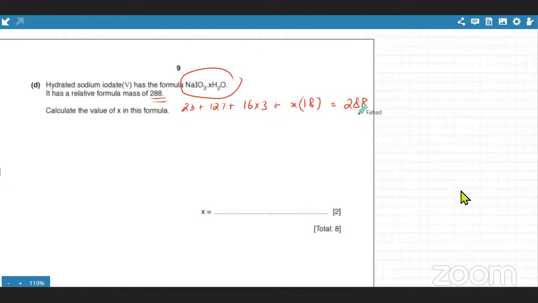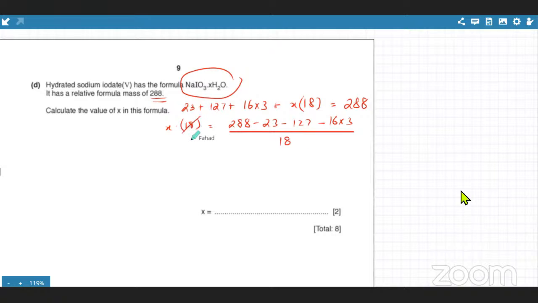So I'm going to make X the subject of the equation. X times 18 is equal to 288 minus 23 minus 127 minus 16 times 3, and you would have to divide the whole thing by 18.